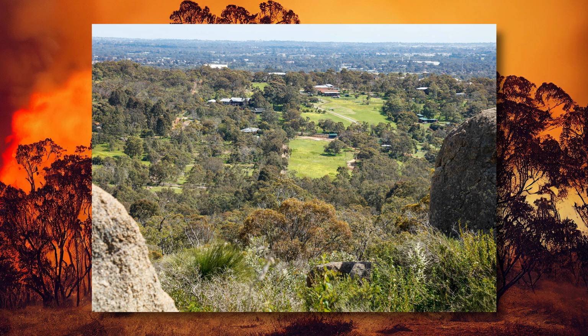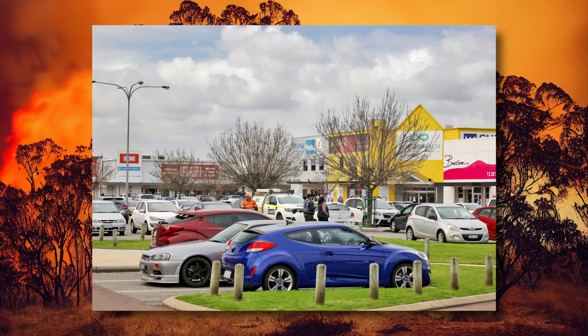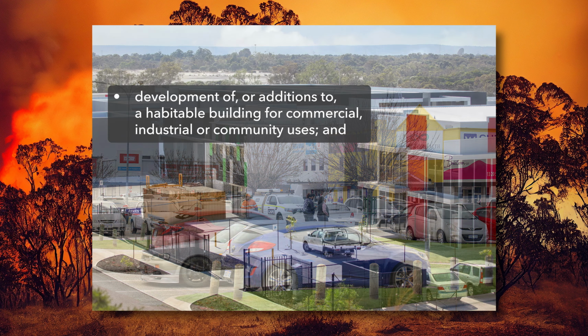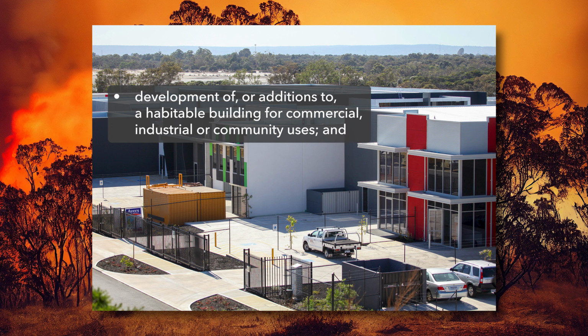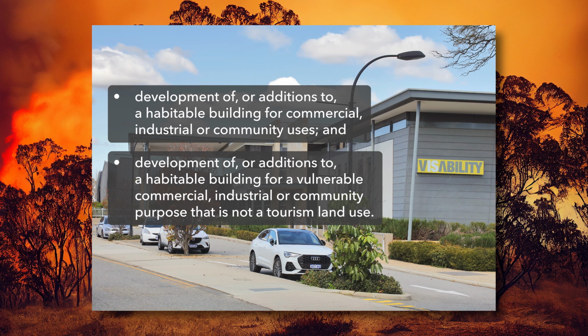A new section within the draft guidelines assists with applications for commercial, industrial and community purpose buildings. Applications include development of or additions to a habitable building for commercial, industrial or community uses, and development of or additions to a habitable building for a vulnerable commercial, industrial or community purpose that is not a tourism land use.